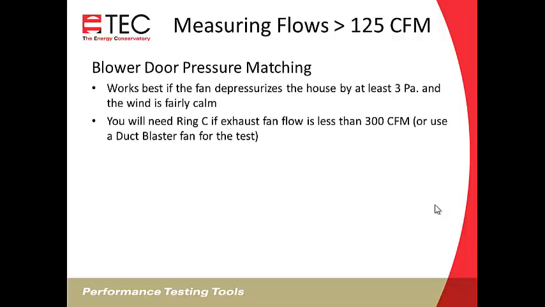In this case, either fabricate a piece of cardboard and install it in a window, or we do have a red nylon panel for the blower door frame, with a hole in it the size of the Duct Blaster fan. So you can use the Duct Blaster fan for blower door tests up to about 1350 CFM. So that's always an option if you're testing tighter homes too, if you've already got a Duct Blaster fan.